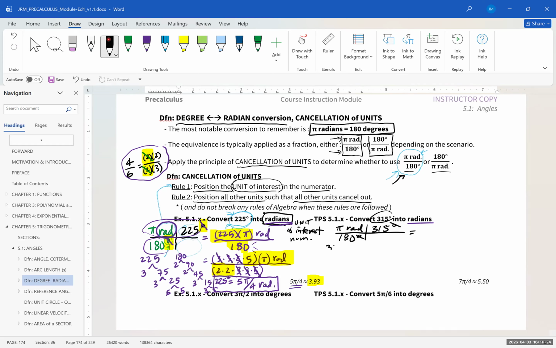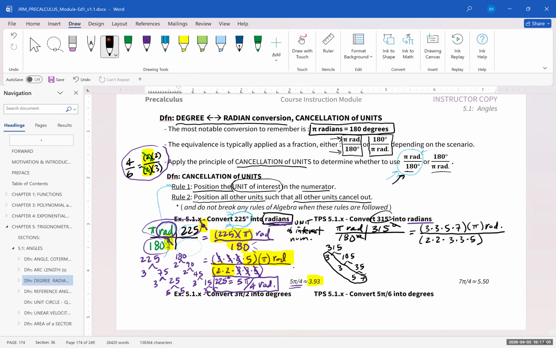So 315, can't divide it by 2, so we'll divide it by 3, and that gives us 105. We can divide that again by 3, and that gives us 35. And then we've got 5 times 7. So 315 is 3 times 3 times 5 times 7 times pi radians all over 180, and we did that earlier. So that was 2 times 2 times 3 times 3 times 5.